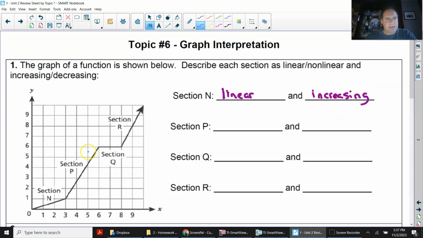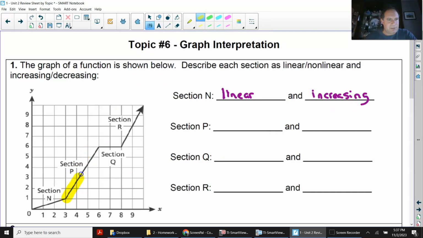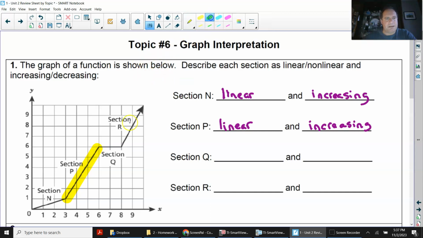Section P is linear. So this is section P. It's linear, and it's increasing. Let me change to section Q. Is that?